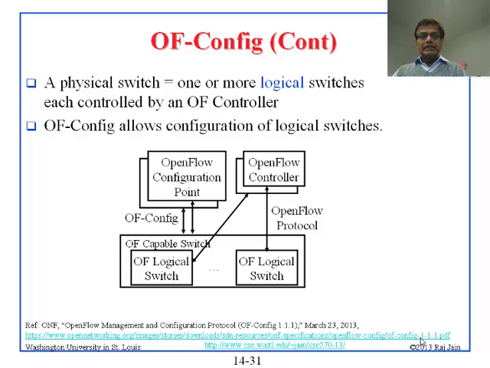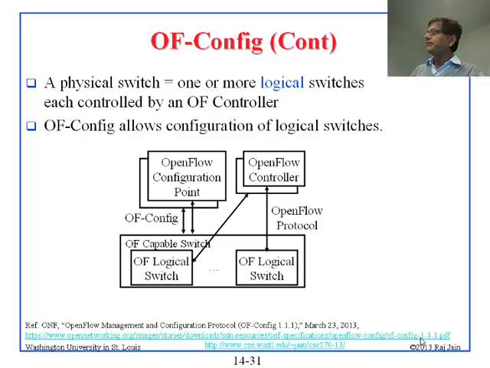And one more thing is that the switch does not have to be physical. A physical switch could be many virtual switches, and so we call them logical switches here. So there could be many configuration points for one physical switch. A physical switch is called an OF capable switch.